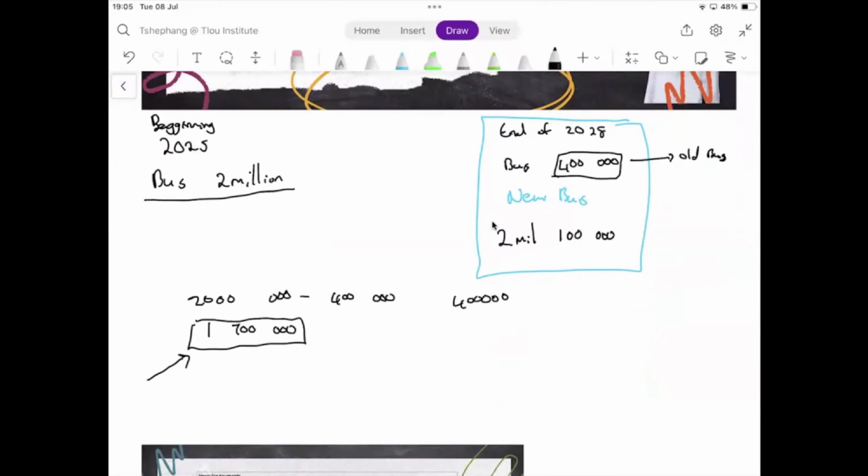So the new bus at the end of 2028 costs 2,100,000. So we decided to save the 1,700,000 rands every single month, bit by bit. And this is a sinking fund.